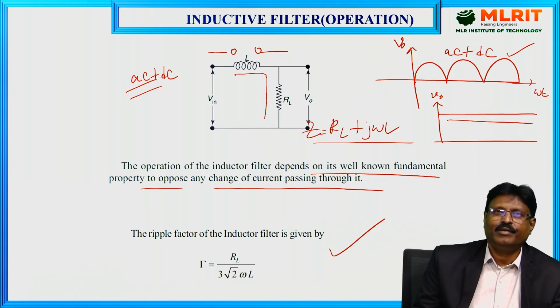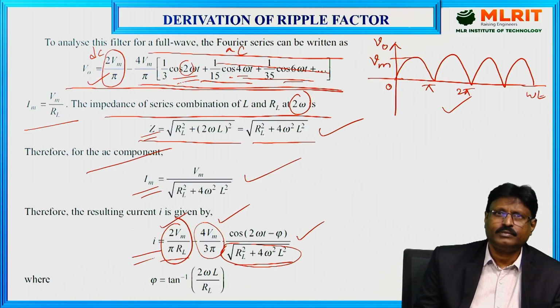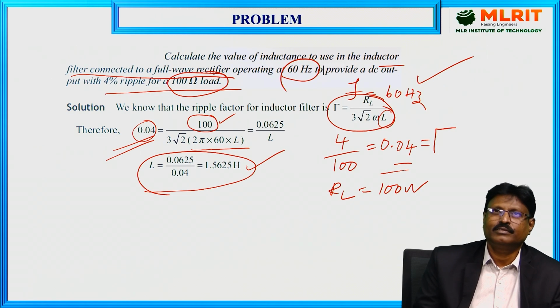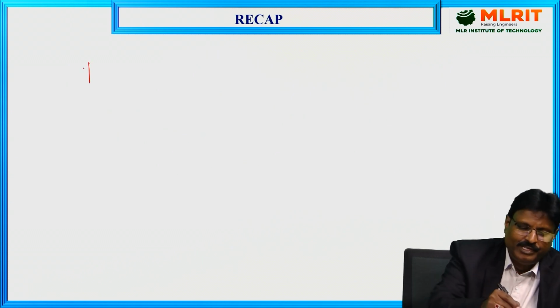Whenever you place an inductive filter on a full wave rectifier, the ripple factor is derived here. And to minimize the ripple factor, we decrease the load resistance RL, and the second option is to increase the inductance of the inductive filter. Let me recap the things.